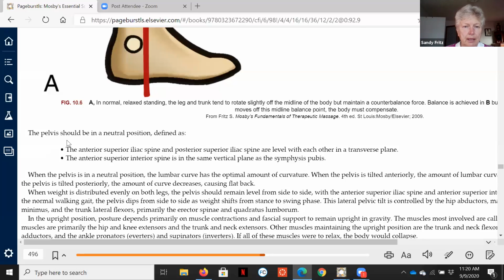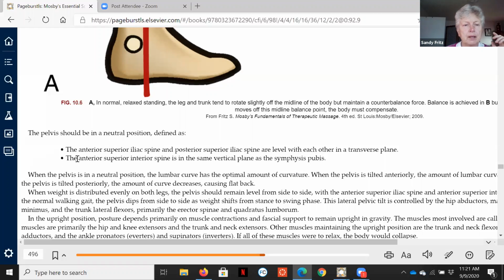So if the pelvis, which is kind of the linchpin here, is in a generalized neutral position, you can measure this: the anterior superior iliac spine, so this is where your bony landmarks come in, and the posterior superior iliac spine are level with each other in the transverse plane.